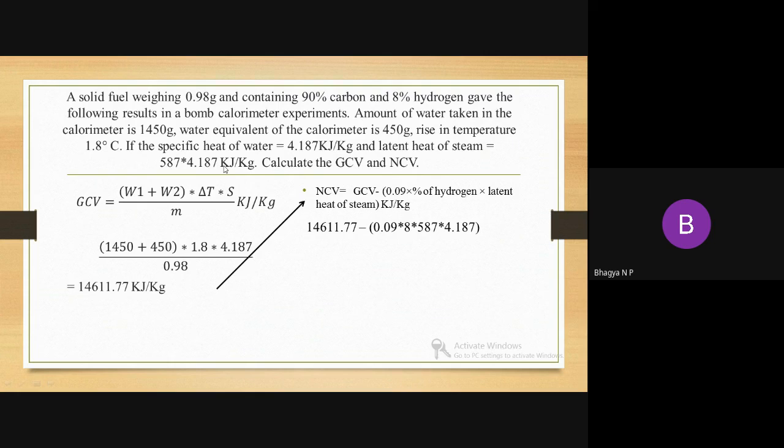In this problem, there is no need to convert into kilojoule per kg, as they have already given the values. On calculation, we get 12,842.17 kilojoule per kg.